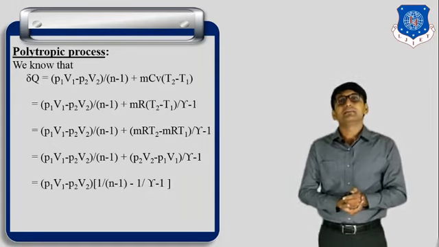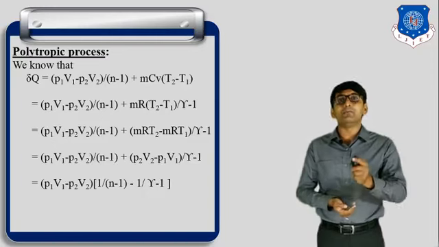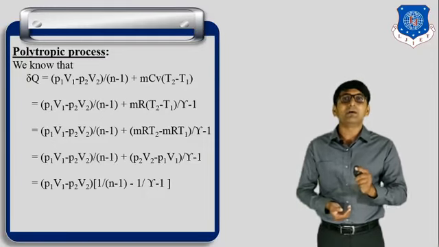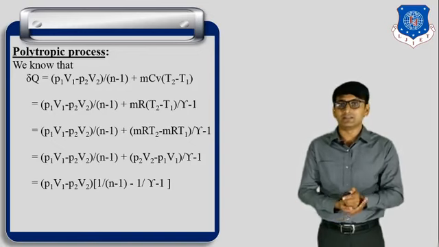Now we separate (P1V1 - P2V2). So we get (P1V1 - P2V2)[1/(n-1) - 1/(gamma-1)].